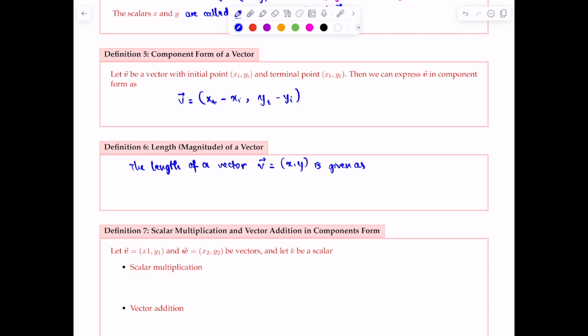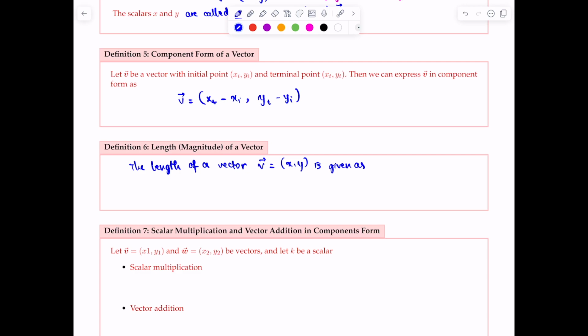so here are the notations for the magnitude. Depending on the professor or the textbook that you're reading, they have slightly different notations to describe the length or the magnitude of a vector, but in this course I'm going to use the double vertical line on each side of the vector to indicate the magnitude or the length of the vector.